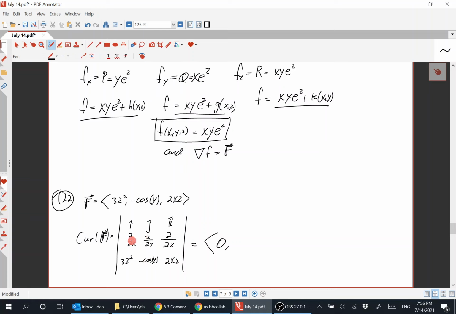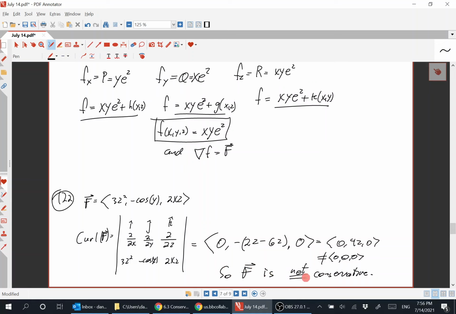Then the negative of this derivative with respect to x, which is 2z, minus this derivative with respect to z, which is 6z, gives minus 4z. It's not 0. And for k, this derivative with respect to x is 0 and this is 0. So the curl is 0, 4z, 0, which is not equal to 0, 0, 0. So it's not conservative. Not a gradient field. F is not conservative.